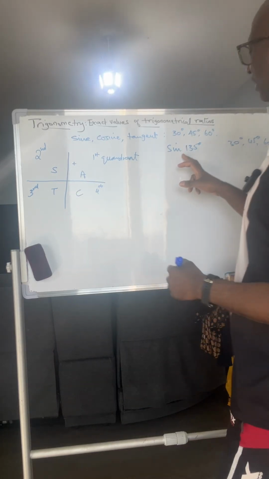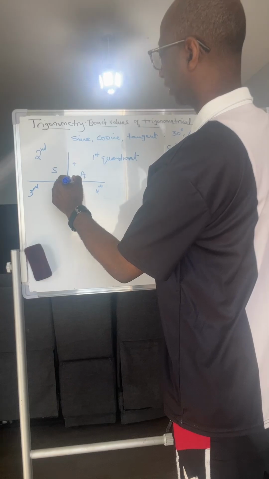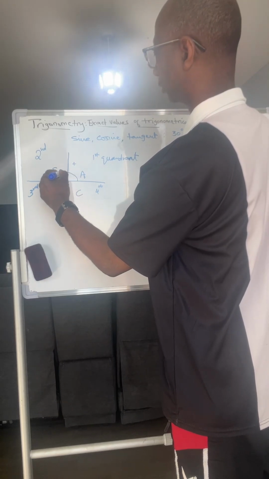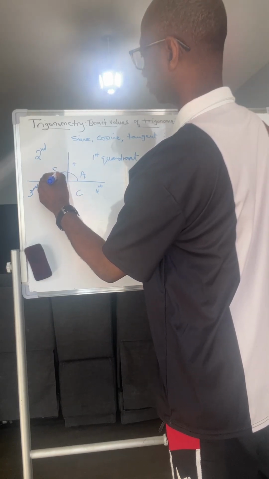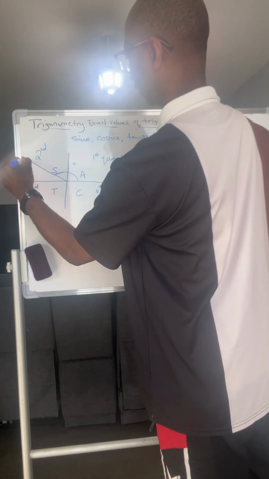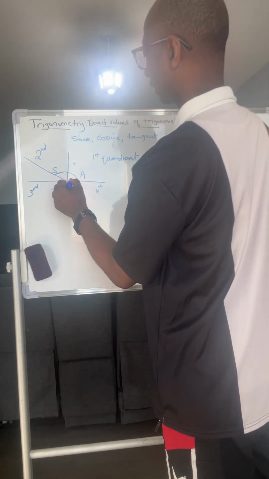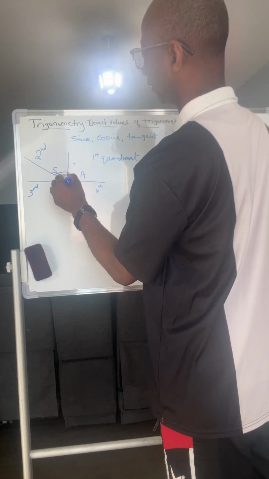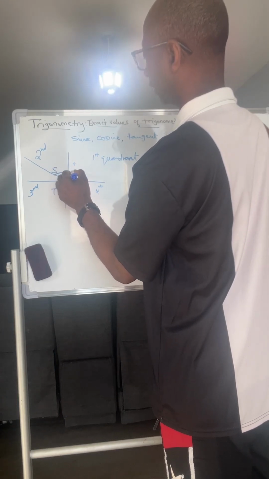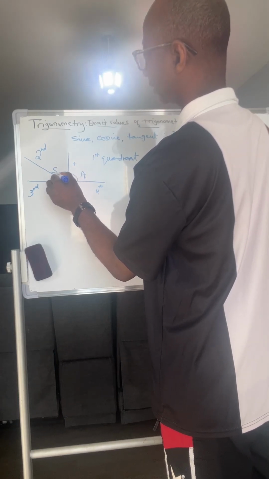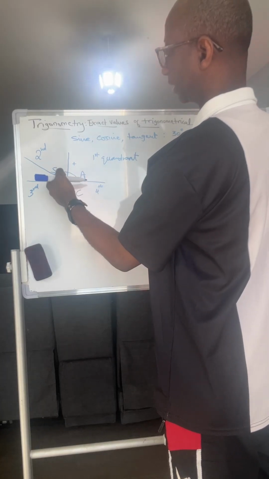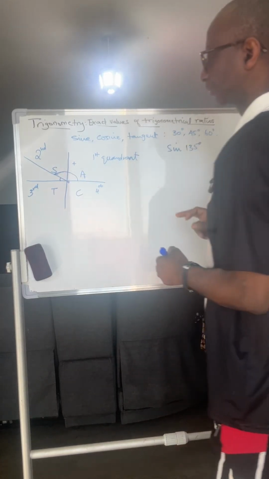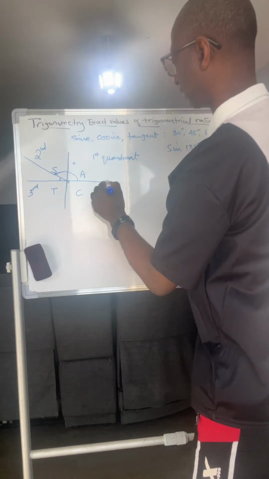So sine 135 must come all the way to here. From here, this is our 0, mind you. So this is 135 degrees. So what is left now here? Mind you, this is 180.